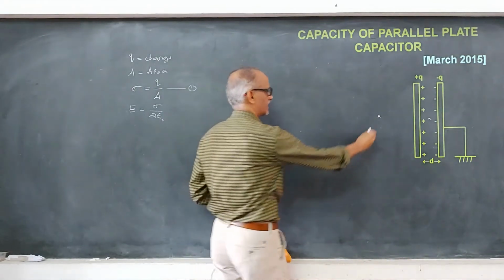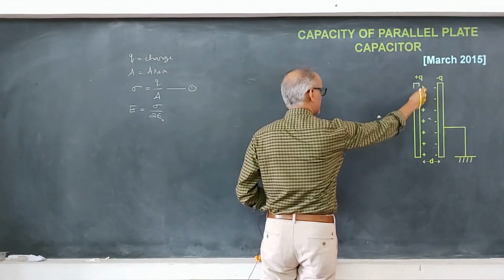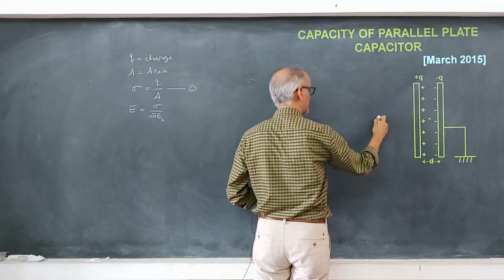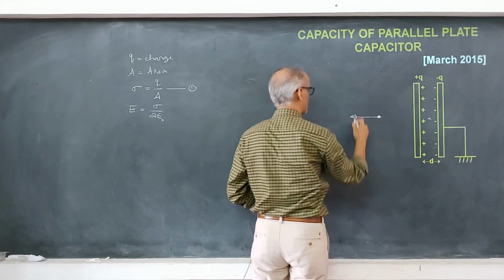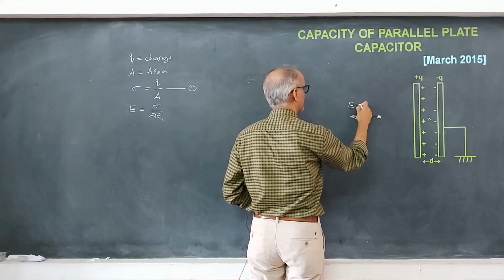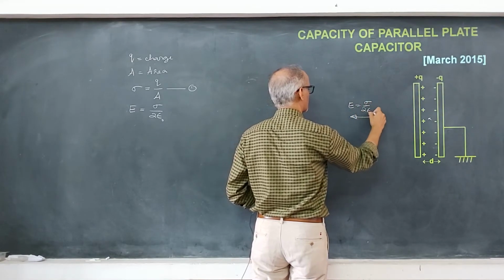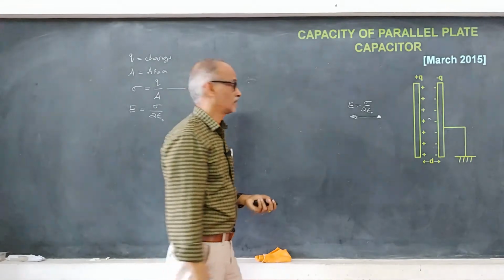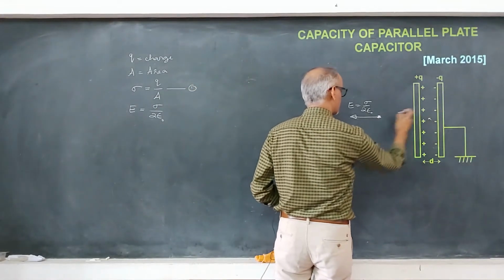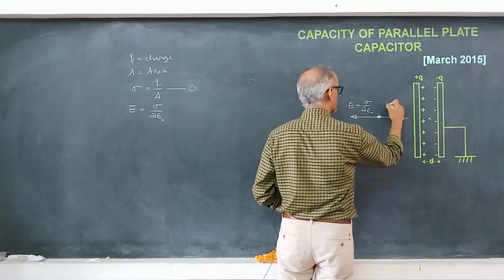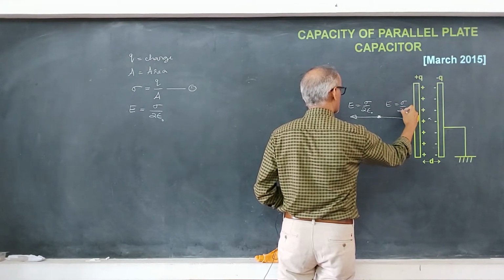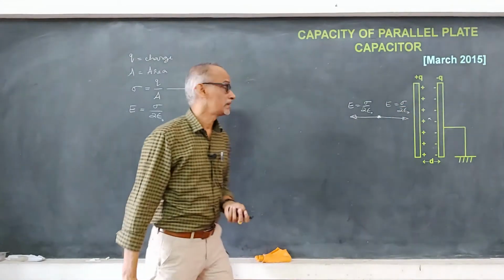At a point outside here, the electric field due to this positively charged plate is away from it. That's because it's a positively charged plate, and the value is given by E is equal to sigma by 2 epsilon naught. At the same point, due to the negative charge, it will be towards that plate. So that will be again E is equal to sigma by 2 epsilon naught. And they are equal.